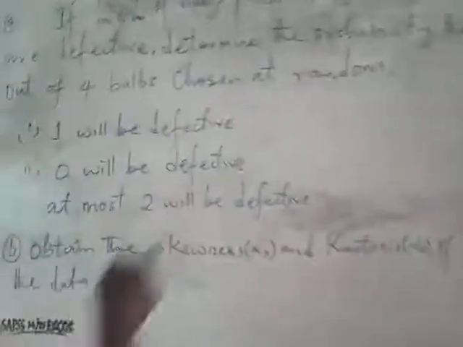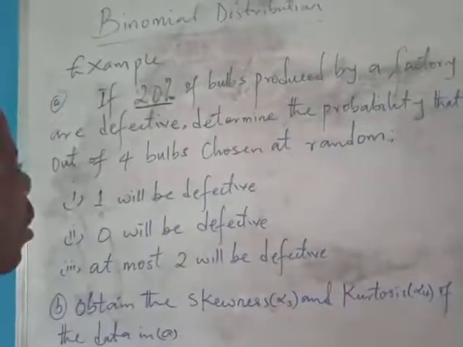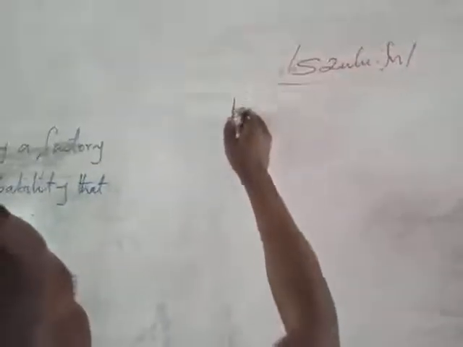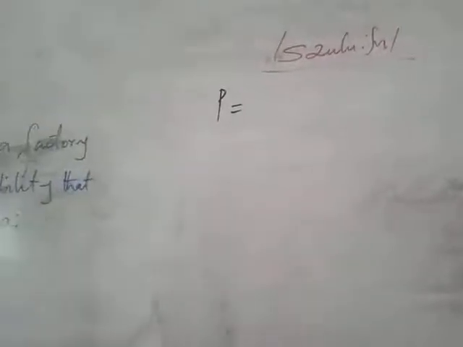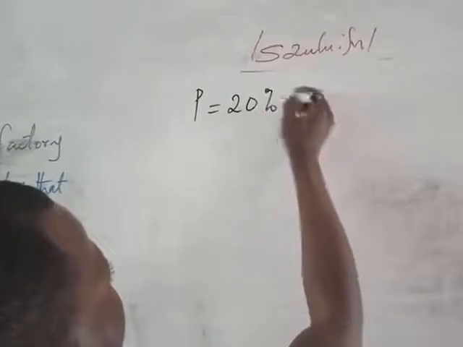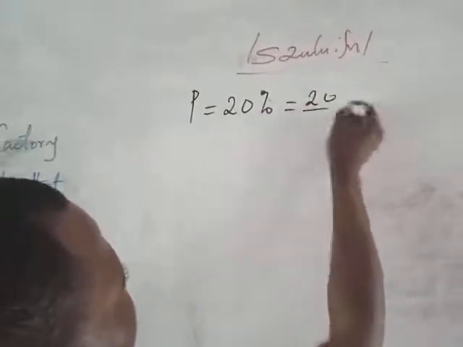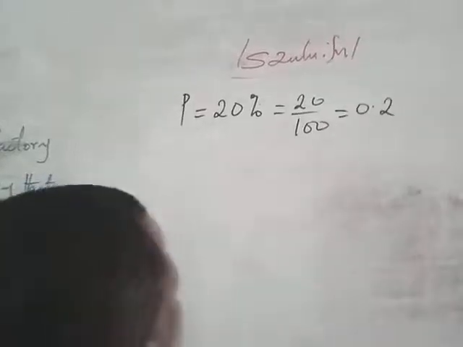From this question, this percentage is our P. So our P, which is the probability of defective, is 20%, and this is 20 divided by 100, and the answer is 0.2.